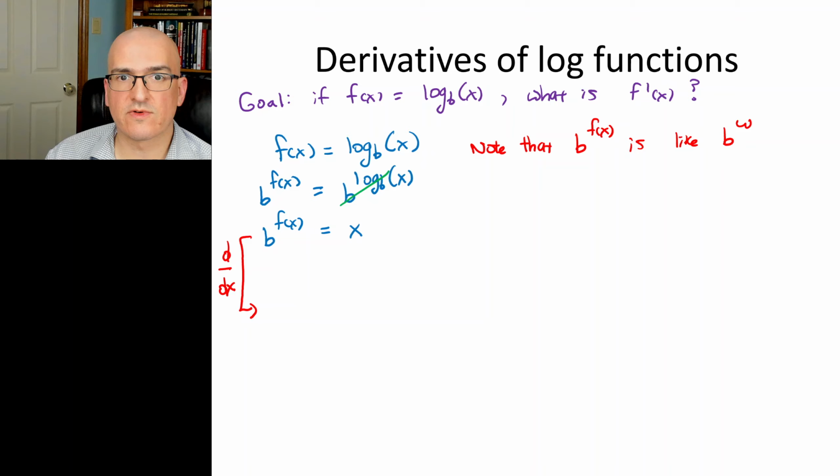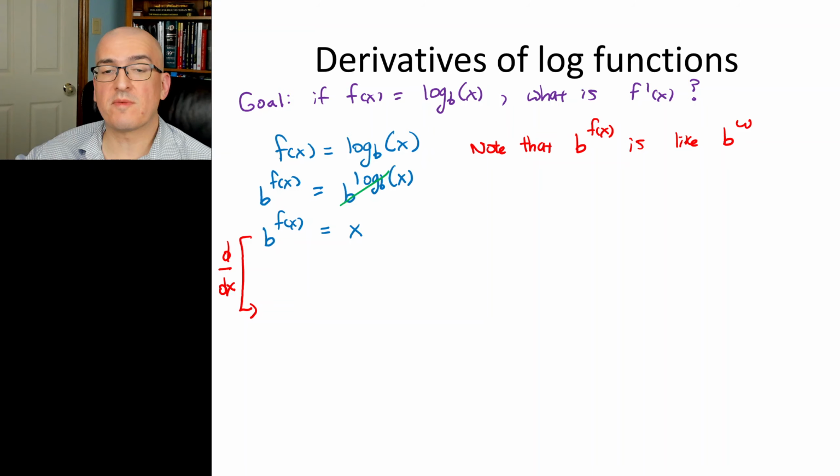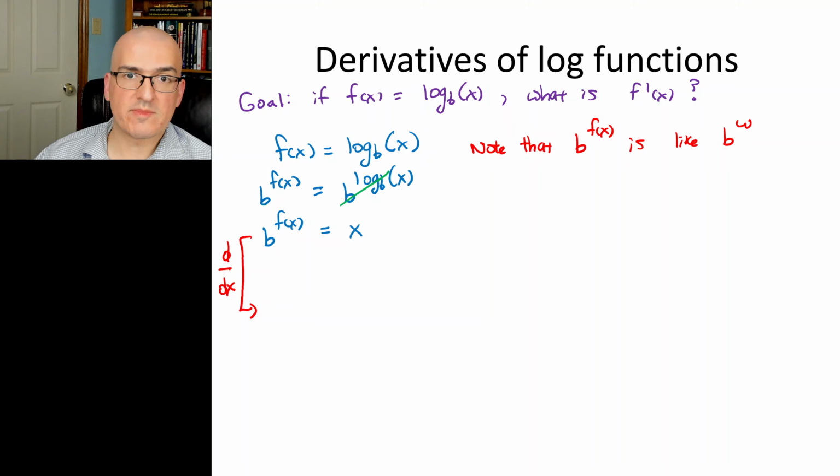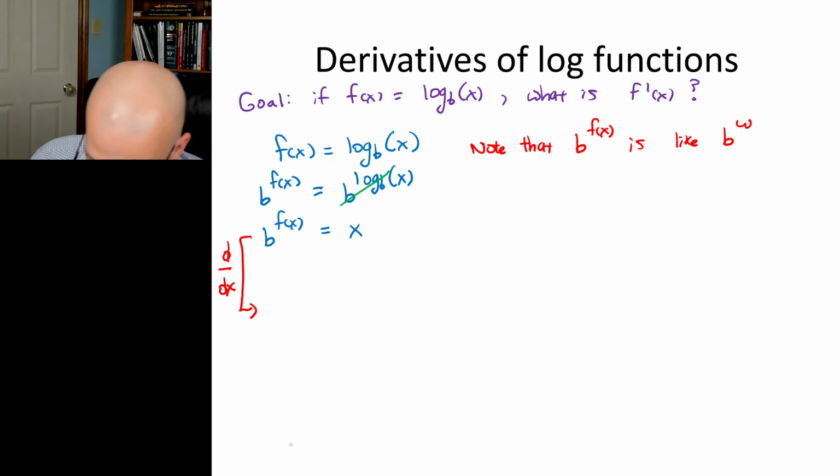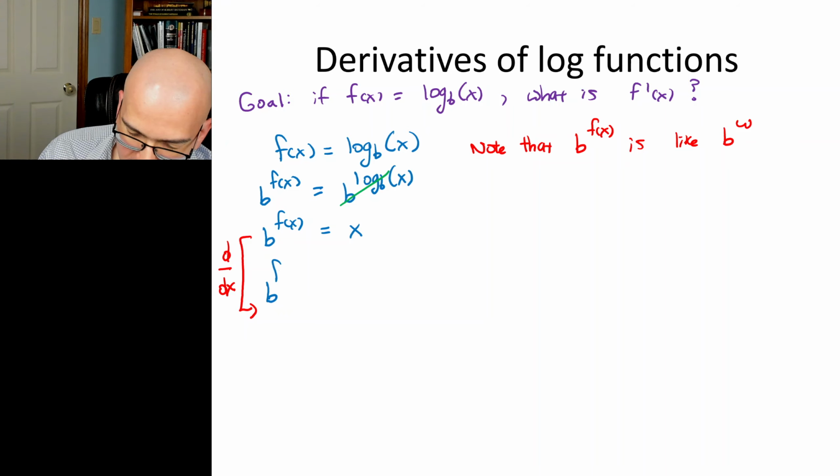When we take the derivative of b to the w, we get b to the w times w prime times the ln of b. I forgot the ln of b part. When we take the derivative of b to the f, we're going to get b to the f times ln of b times f prime, just with a different letter, f instead of w.